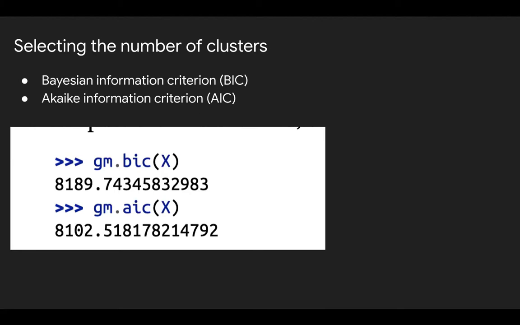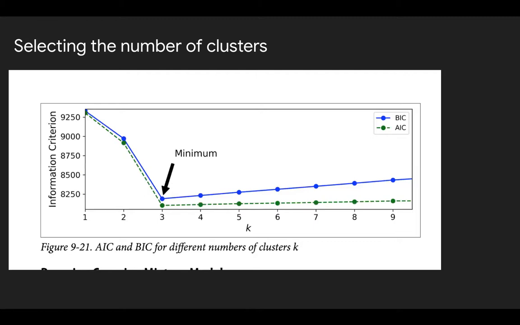If you look at this particular diagram, we plot the information criterion with respect to the clusters. Here we are plotting BIC with respect to the clusters and AIC with respect to the clusters. We can see that there's an elbow point, which is the minimum.